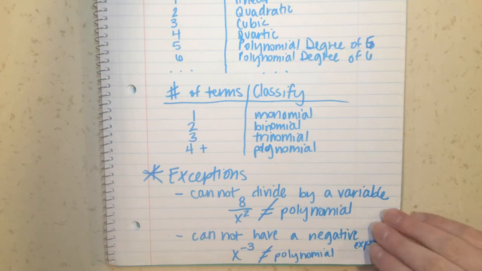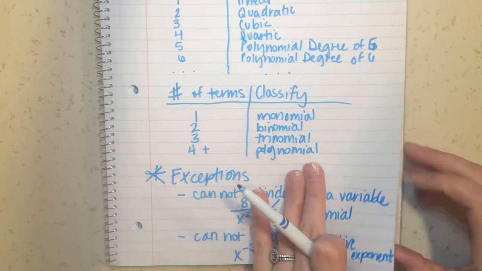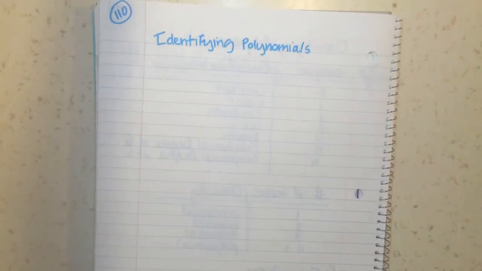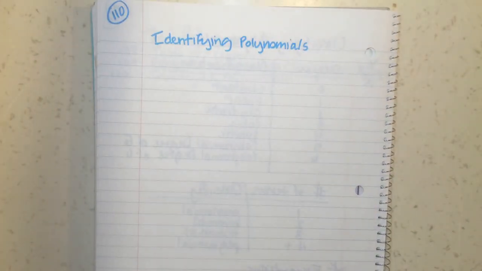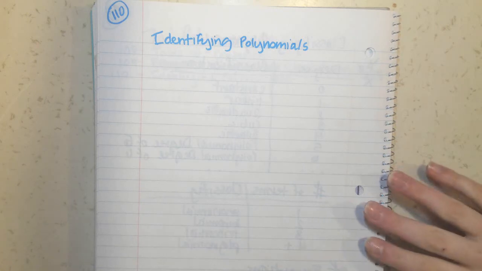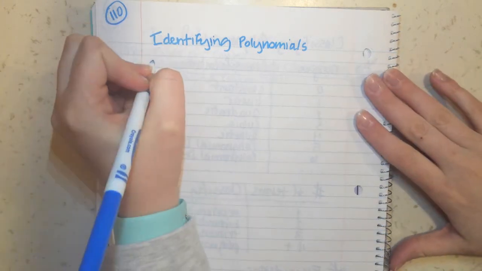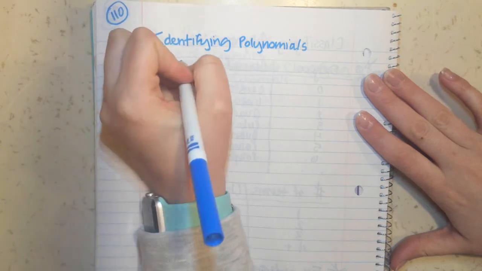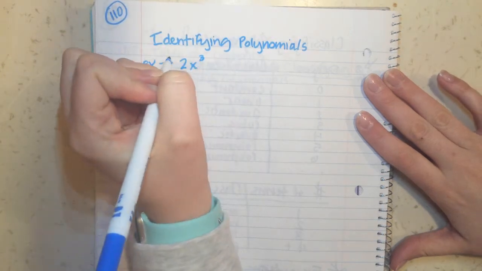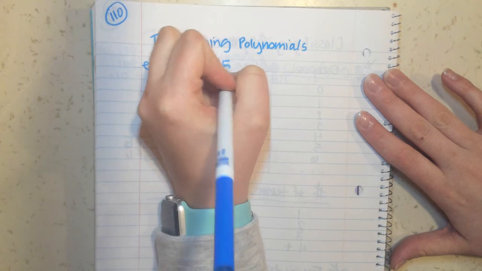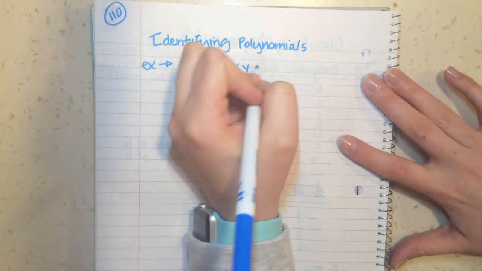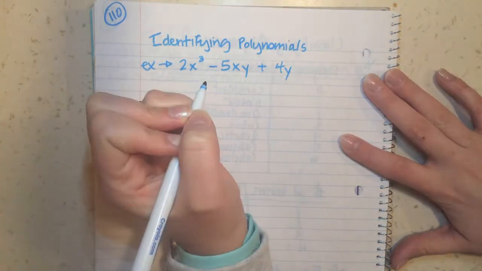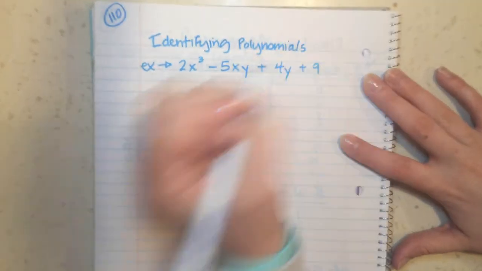Alright, so now we're on page 110, when we are identifying polynomials. So we have the example of 2x cubed minus 5xy plus 4y plus 9.